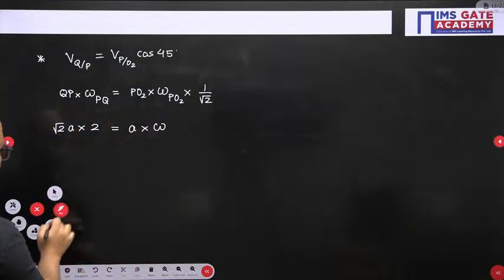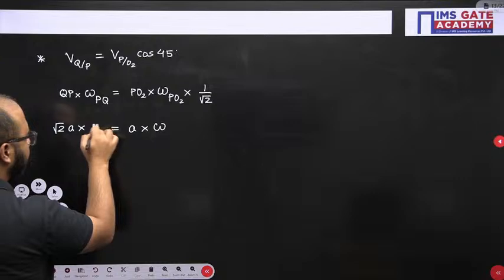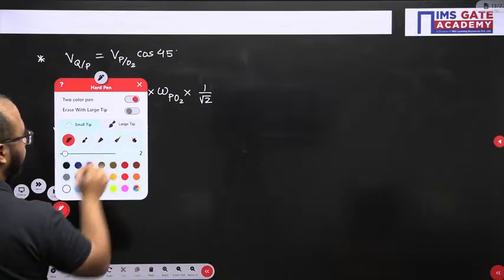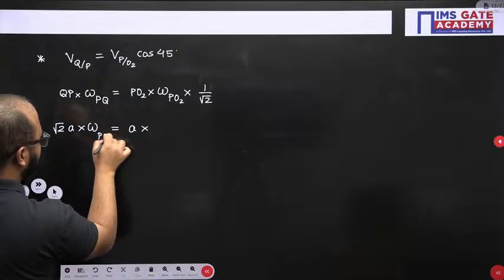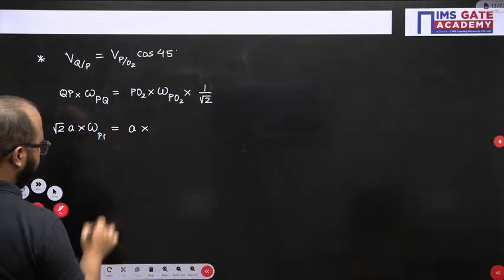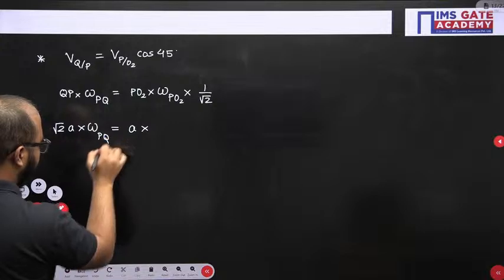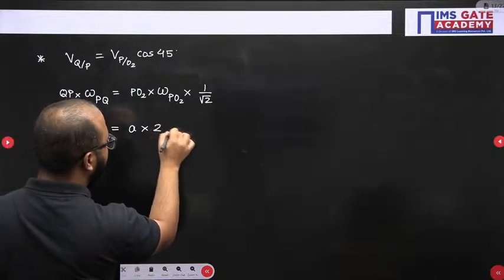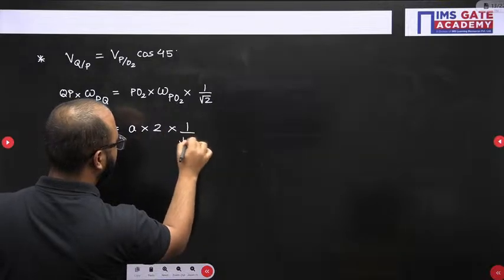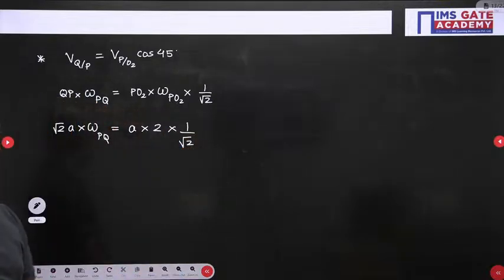It is given for O2P, as 2. PQ we need to find out. Omega PQ, that is what we need to find out, right? And O2P is given as A, with omega 2, divided by root 2, like this, right?